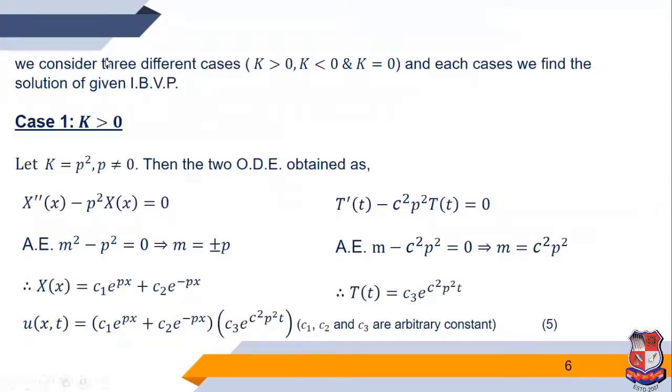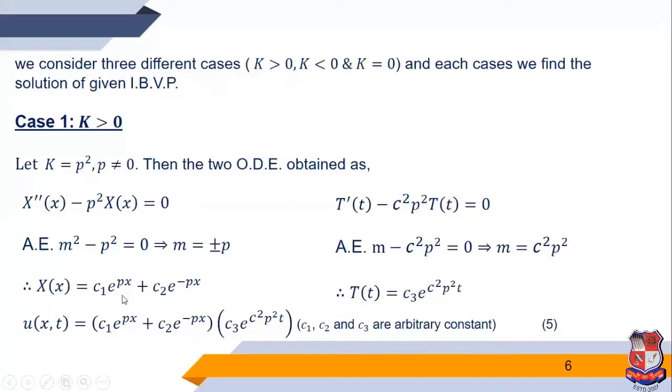So first we consider k greater than 0. So obviously we consider k is equal to p square, p not equal to 0. Then equation 3 becomes X double dash minus p square X is equal to 0. The auxiliary equation is m square minus p square is equal to 0. So m is equal to plus or minus p. These are real and different roots.